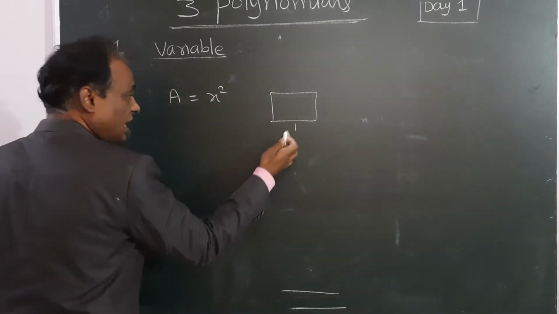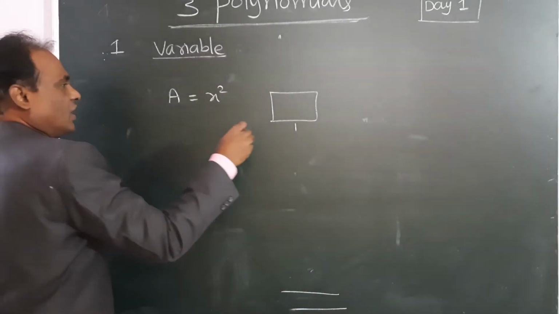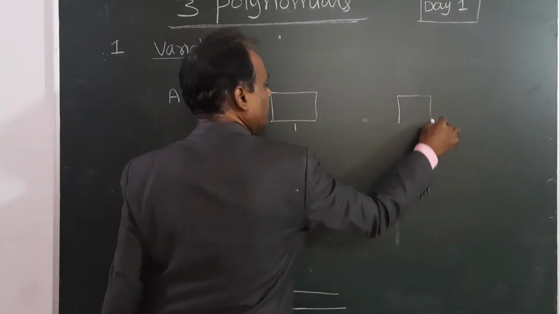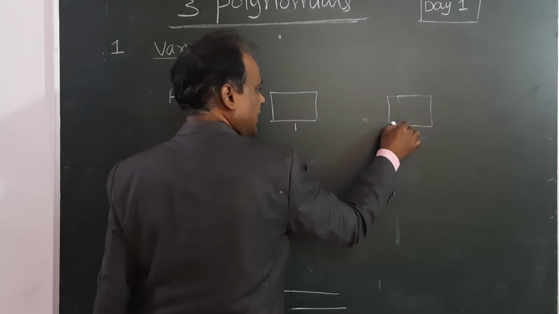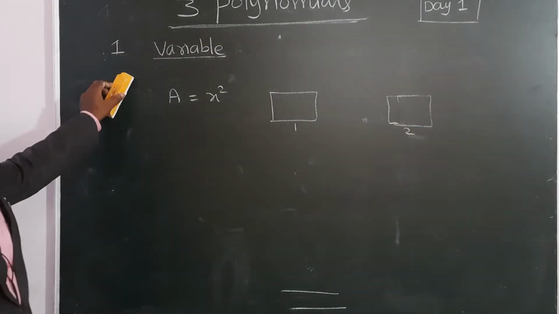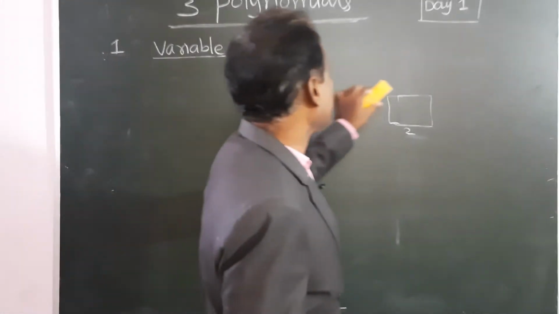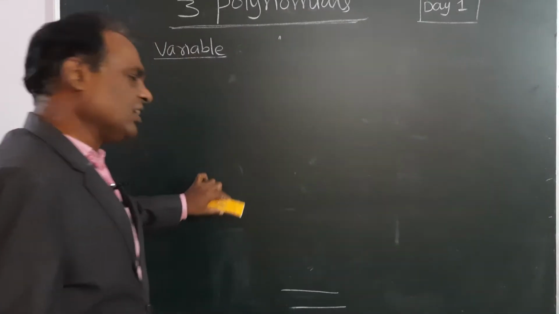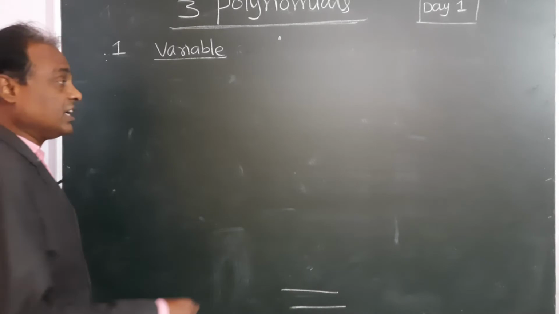If x is 1, it is 1 square is 1, x may be 2, x may be 3, x may be 4, like that. So that x value depends on the given data. It is not constant.